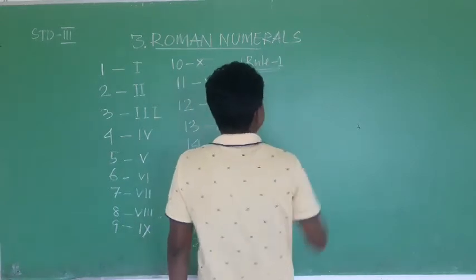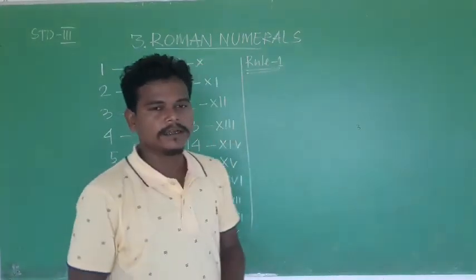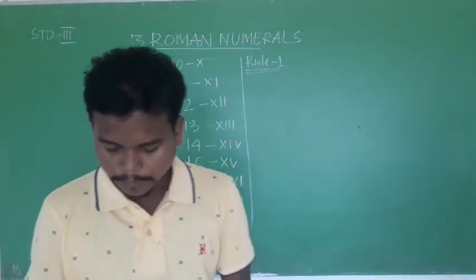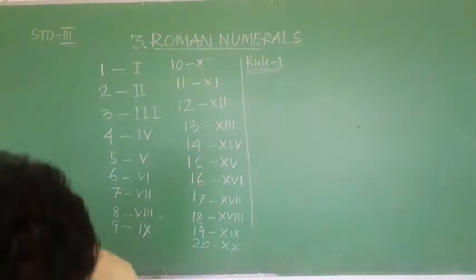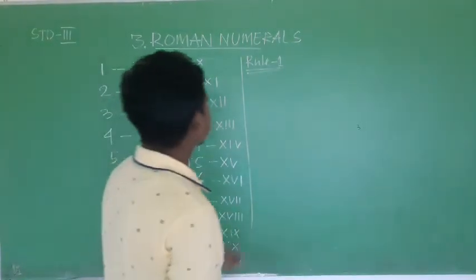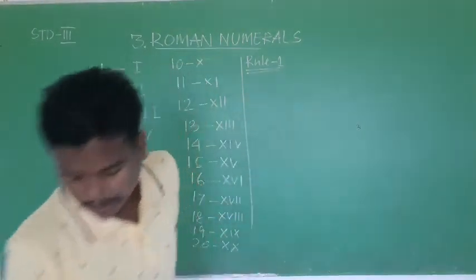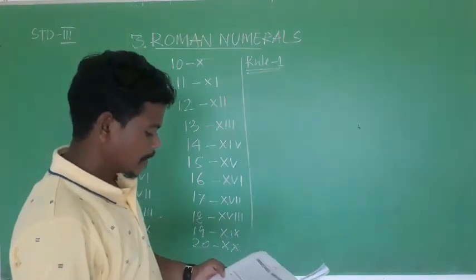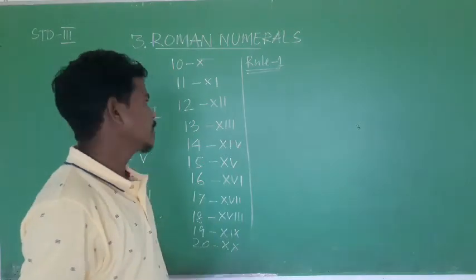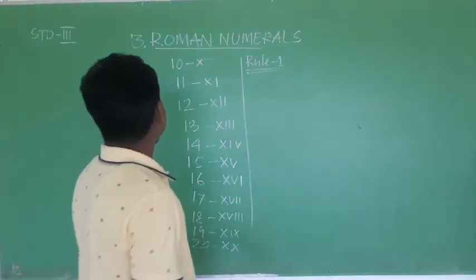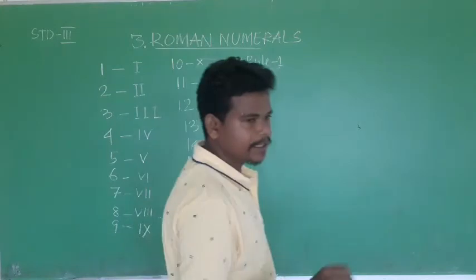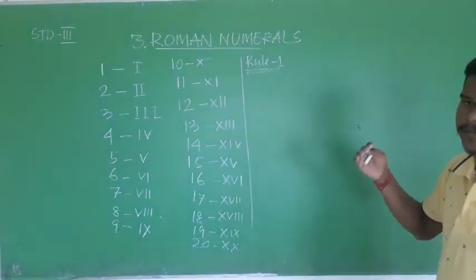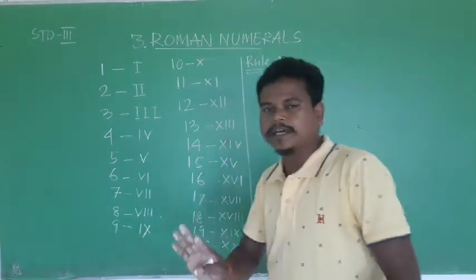Rule number 1 says, listen carefully: when certain numerals are repeated, the number represented by them is their sum. When certain numerals are repeated, the numbers represented by them will be their sum.